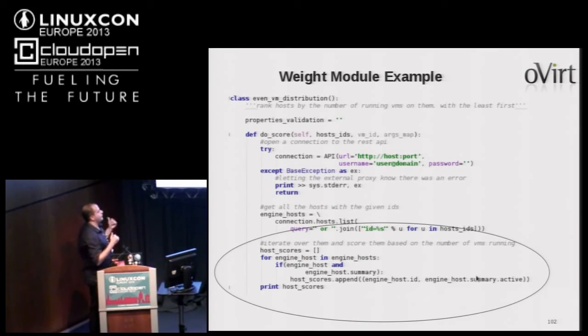So I would add the host ID, and the weight will be the number of active VMs. In that case, the host with the best score will be the host running the lowest number of VMs. And if I want to be evenly distributed, I should run the VM on that host. So that's what this weight function does here.